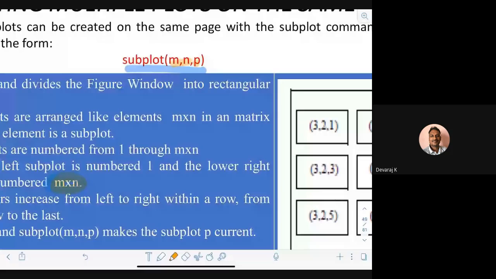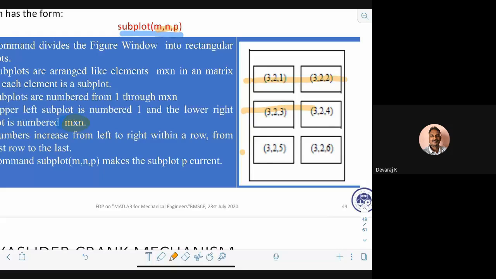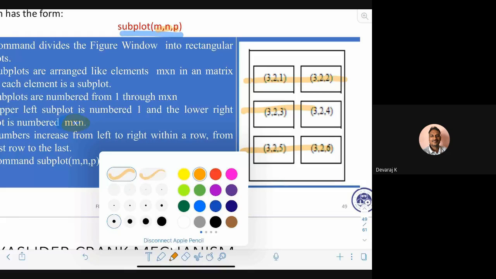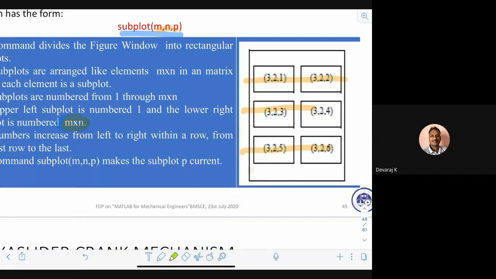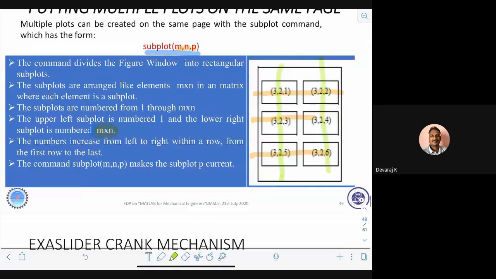So when it's defined subplot M and N, that means there are M rows, row 1, row 2, row 3. And N stands for columns, column 1, column 2. If N is equal to 2 and M is equal to 3, then 3 rows, 2 columns will be the number of graphs that you are going to plot. Second thing is the numbering is done row wise.